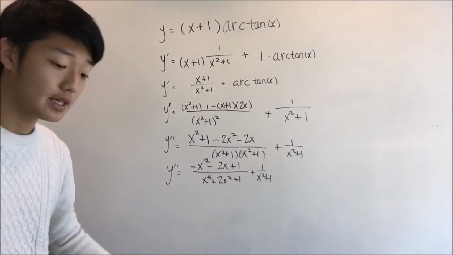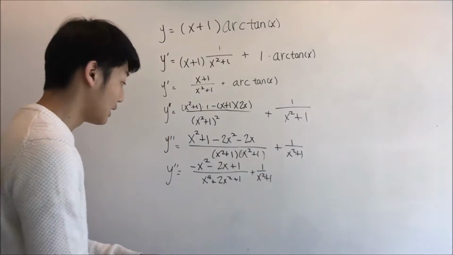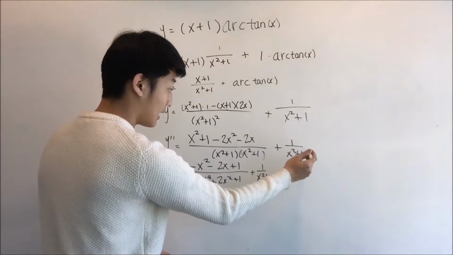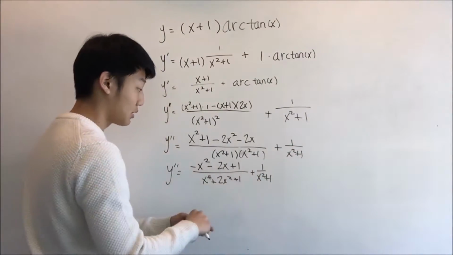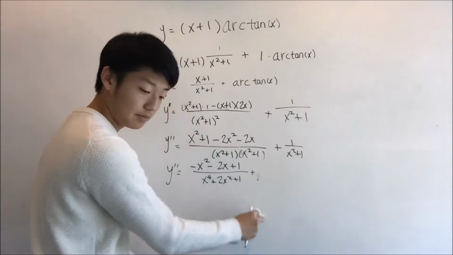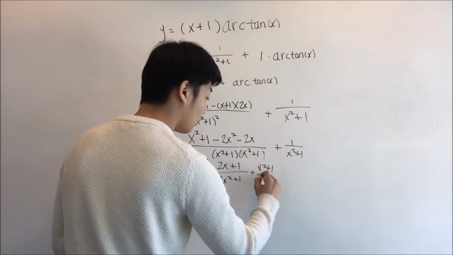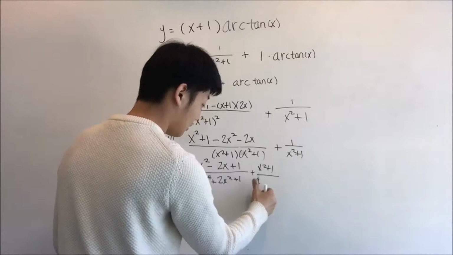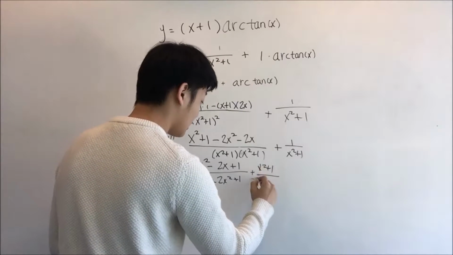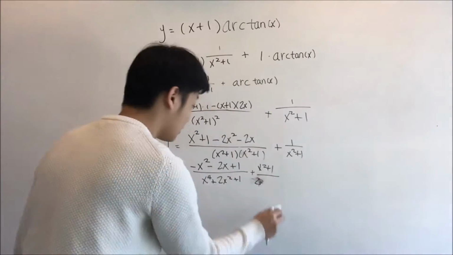To combine this, I can multiply top and bottom by x squared plus 1. I can just get x squared plus 1 over 4, this is so dirty.